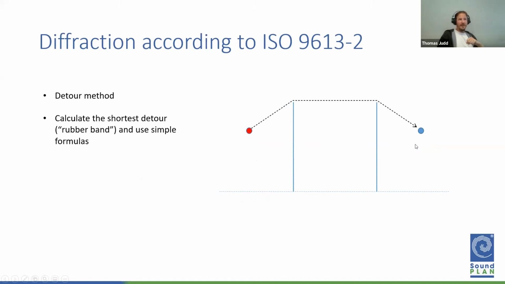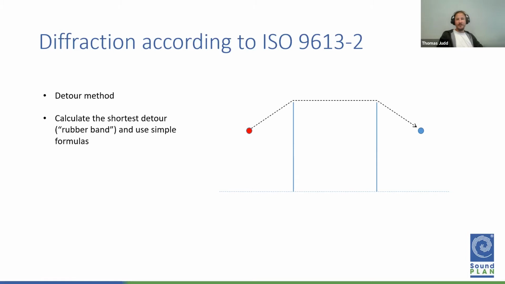So source in red, receiver in blue, and you imagine you stretch a rubber band between these two, and any obstacles between them sort of push that rubber band slightly to the side, so effectively the rubber band goes tightly around any of those obstacles. The length of the rubber band increases, giving you the so-called detour length.